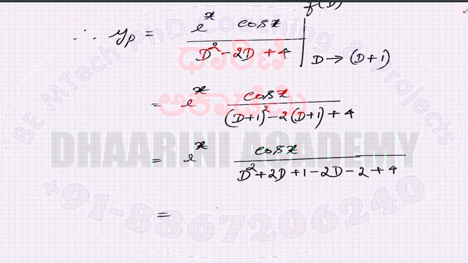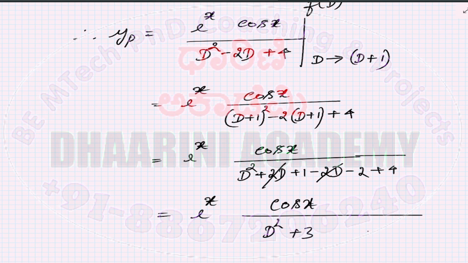Okay, we'll simplify the denominator now. This is e to the x into cos x all divided by, so we have only one term for d square, that's here, so we have plus 2d and minus 2d, that gets cancelled, so 4 minus 2 is 2, 2 plus 1 is 3, so we have d square plus 3 coming up.